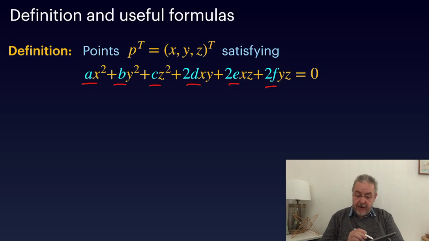And you see it's really quadratic in each of the summands here. So in each of the summands you have 2 variables involved. Either a variable is involved twice, like in the first 3 terms, or 2 different variables are involved.